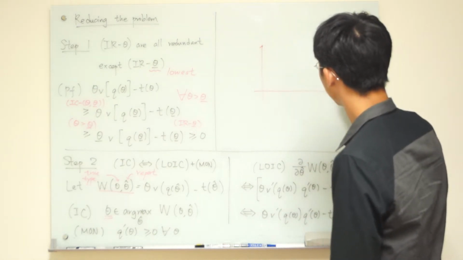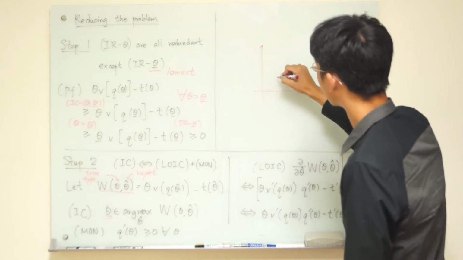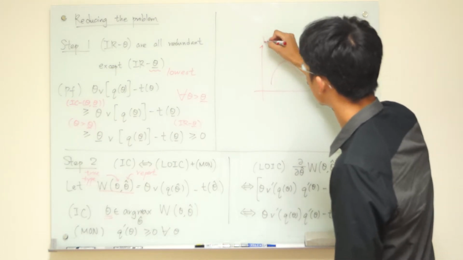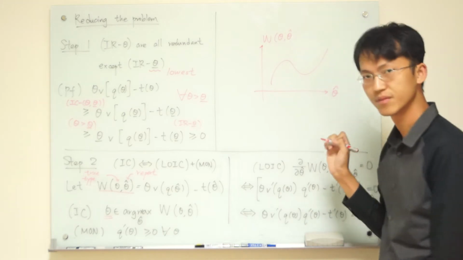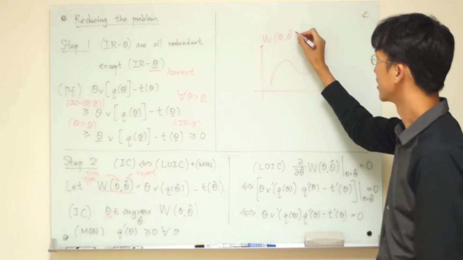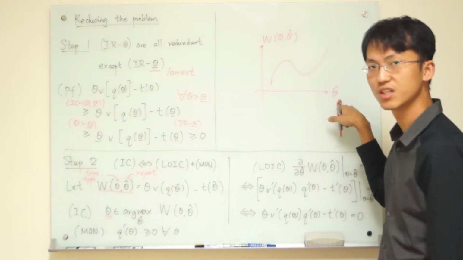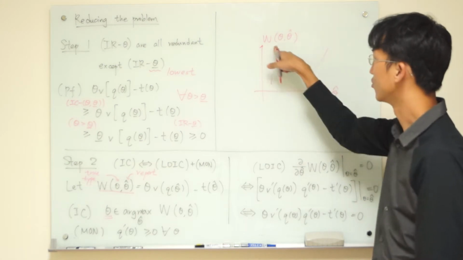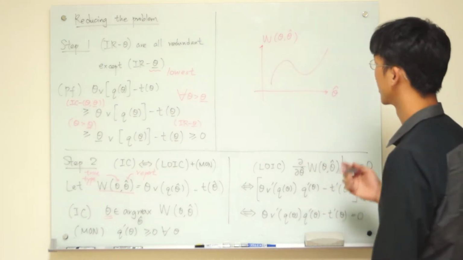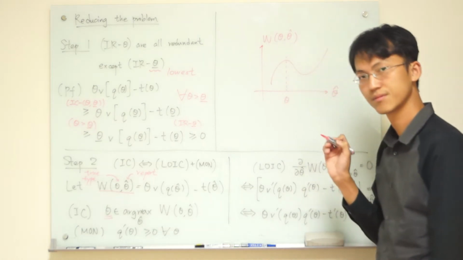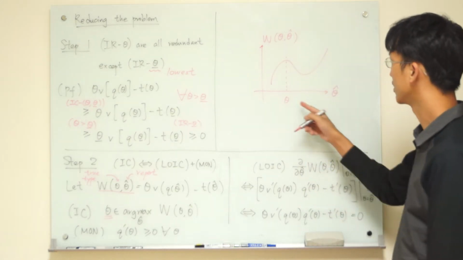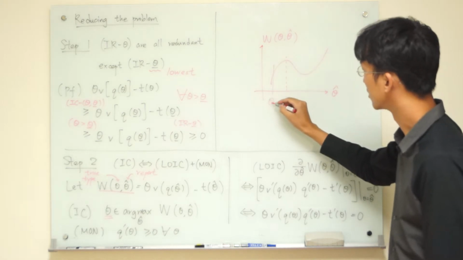Suppose this is theta, and this is your W of theta hat. I mean this is theta hat. Suppose the agent is thinking about choosing a theta hat to maximize his payoff, and let's assume his true type is here. Okay. In this case, we know it is not very good.